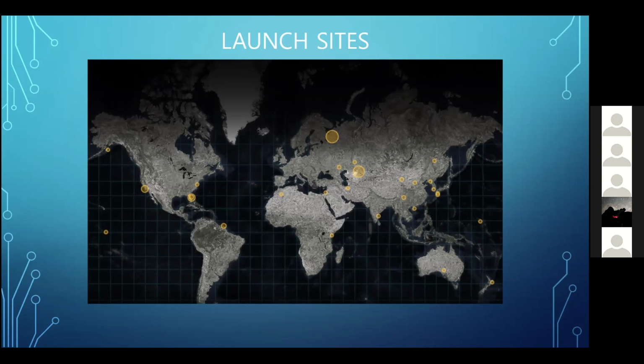So you want to be launching over water, which is why the US has it in Florida, Europe has it in South America, because if anything goes wrong, it will crash into water. Right? Russia decided to do it in Kazakhstan, which is basically a whole lot of nothing, right? Which is why they can launch it there. If anything happens there, it crashes into the steppes, which is very sparsely populated.